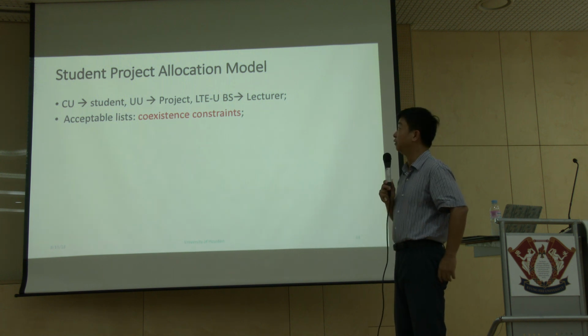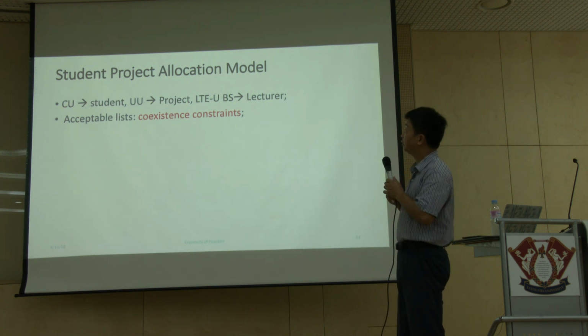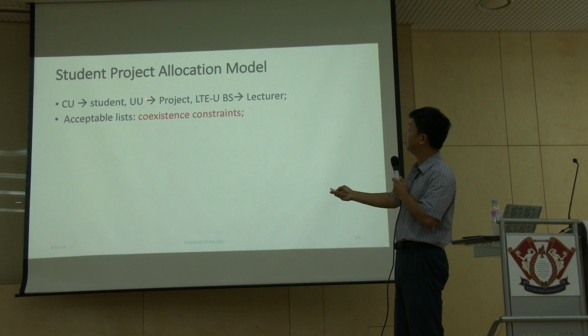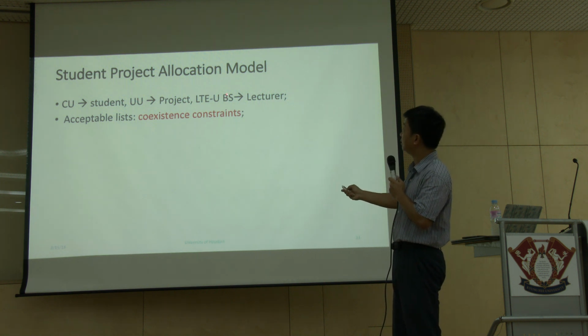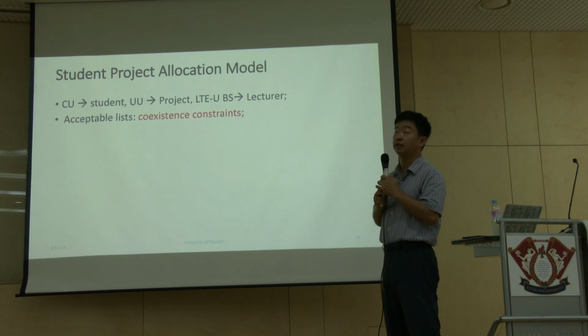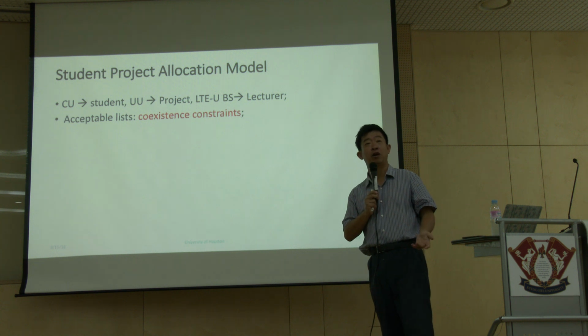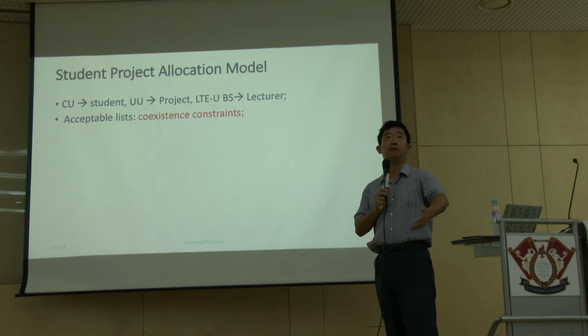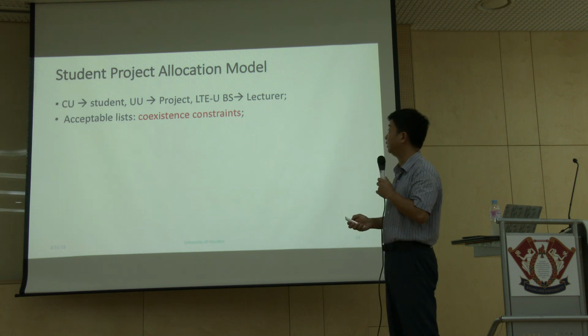So the cell phone user says, I want to coexist with the unlicensed Wi-Fi user, and then the base station will judge whether this satisfies the minimum requirement, or whether the Wi-Fi user's performance is not affected.